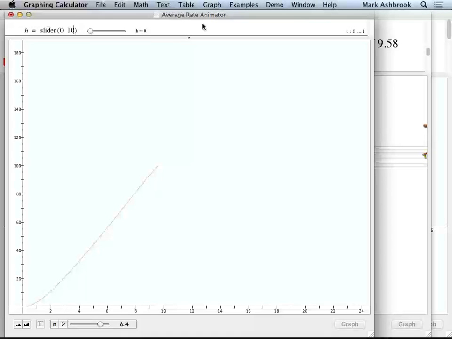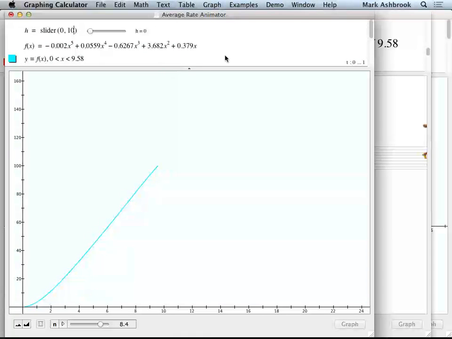Okay, so this is that same function. And so, if we graphed his average speed, what would it look like?